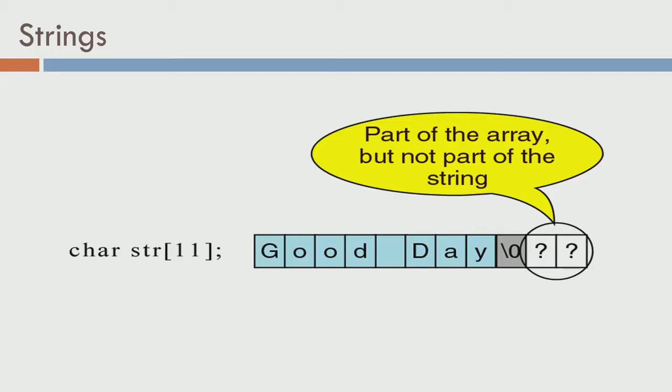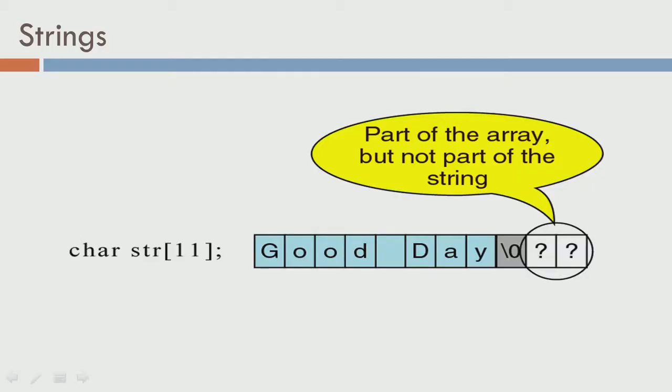So, this str of 11 has 4 characters GOOD, a space, that is the 5th character, then 6th, 7th, 8th are characters of day, and then 9th character is \0. So, this array can take 2 more characters, but the string ends at \0. The last 2 bytes are not part of the string.